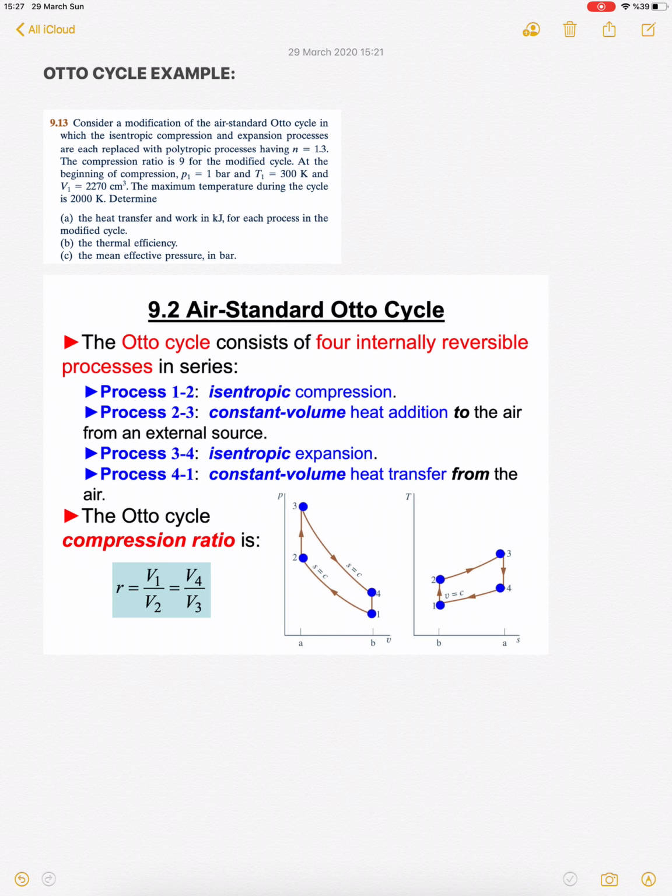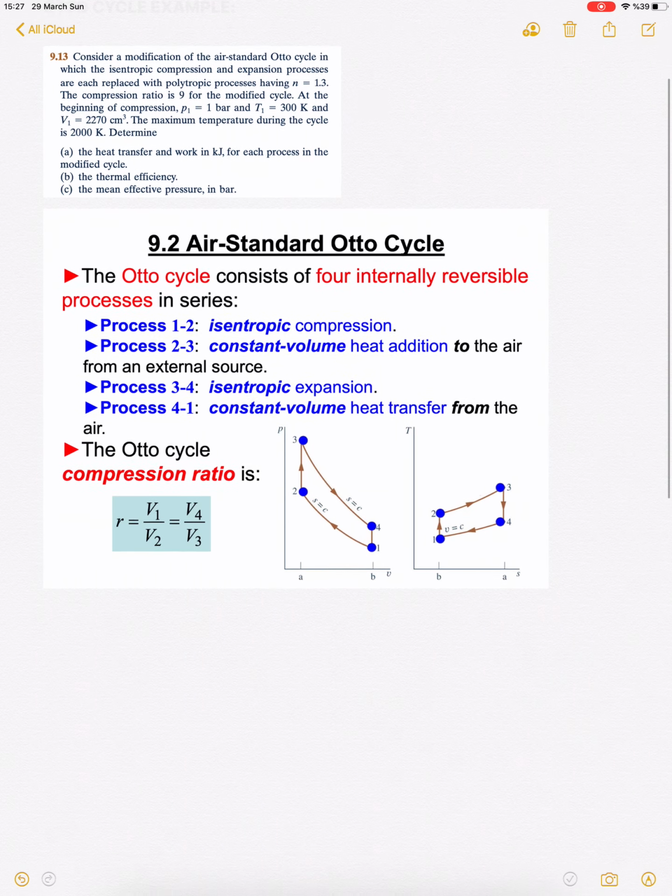It is isentropic compression, where n is normally equal to 1.4, but here we have a polytropic process from 1 to 2 with n equal to 1.3. So that is the main difference, and it is not isentropic anymore. Instead it is a polytropic process.